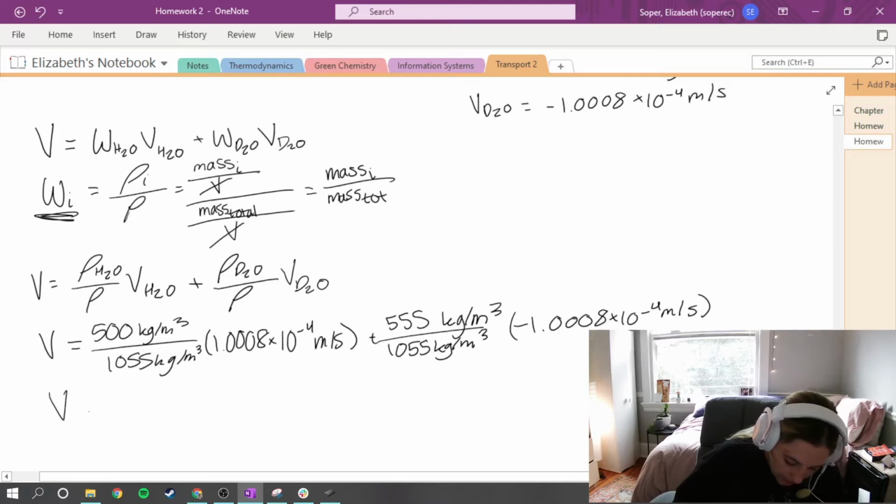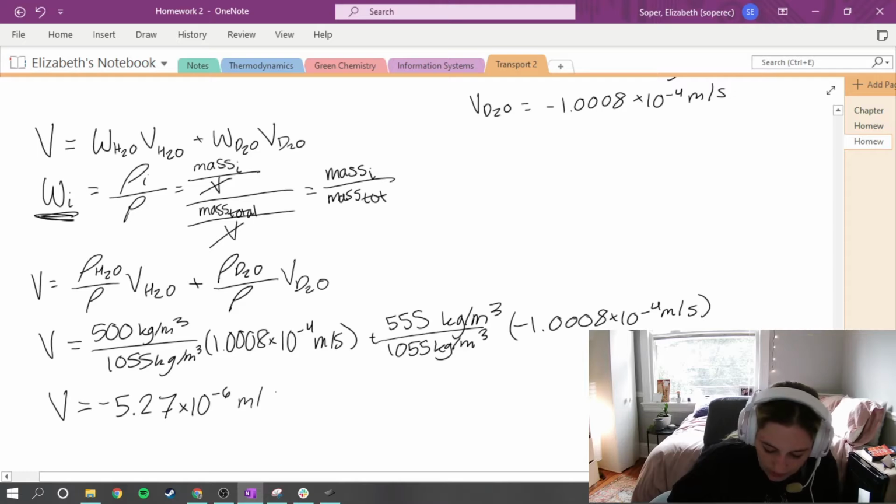So now we get our total mass average velocity, which is negative 5.27 times 10 to the negative 6 meters per second.